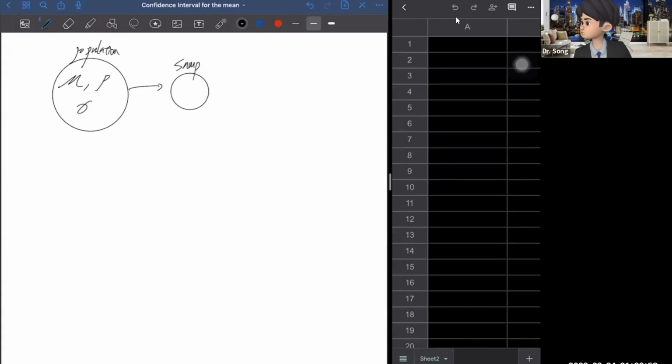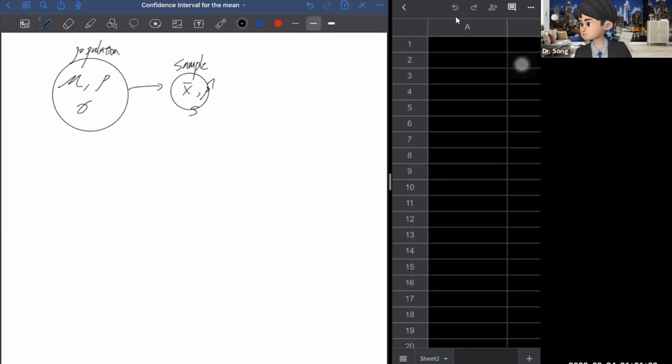So from the sample, we calculate the sample mean x bar, sample proportion p hat, and sample standard deviation s, and these we call the statistic. And these population parameters, mu, p, sigma, we call the population parameter. On the other hand, the sample mean x bar, sample proportion p hat, and the sample standard deviation s are sample statistics, and this is a point estimator.